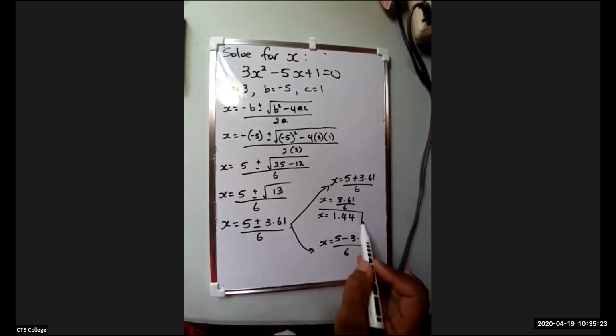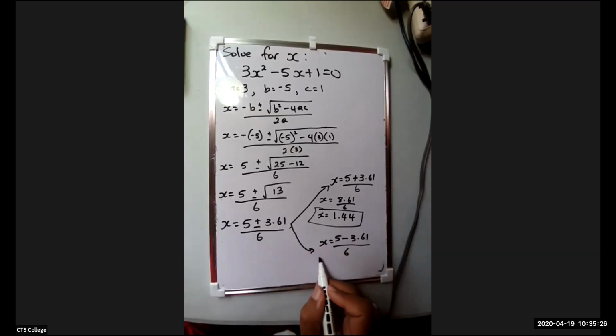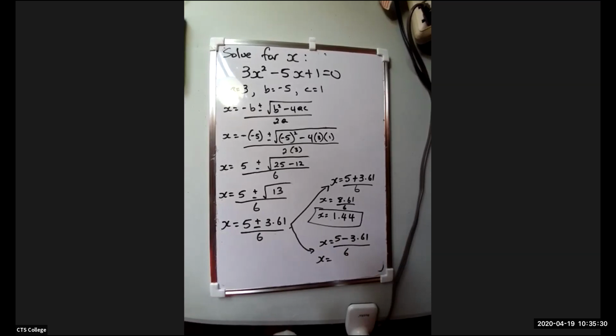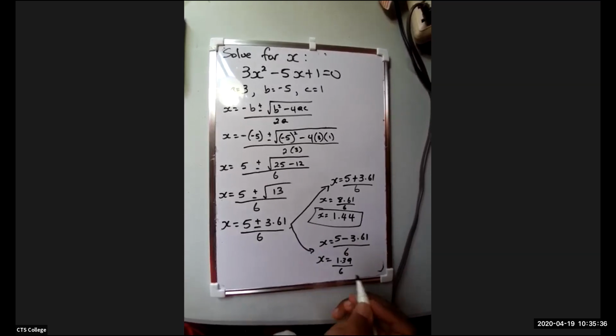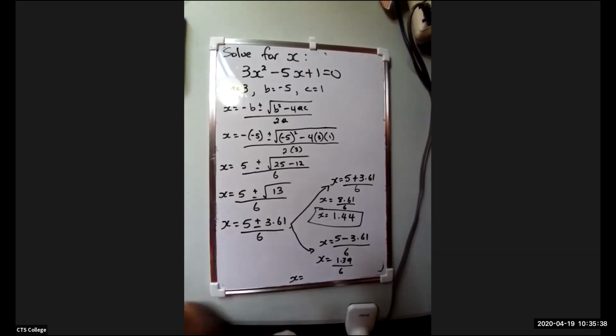So this is the first value of x. Next one, x is equal to 5 take away 3.61, 1.39 over 6. So x is equal to 0.23, of course to 2 decimal places, right?